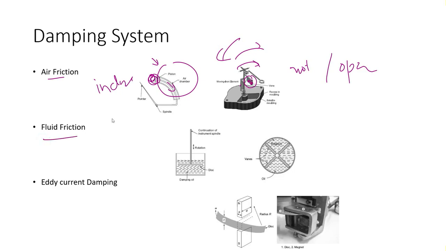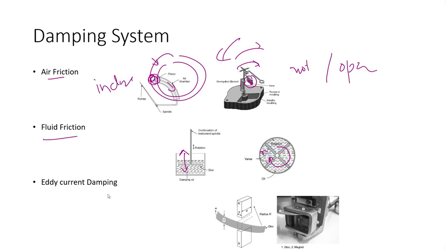Fluid is just like this one, and in this we use fluid instead of air, so oil or something can be used. Fluid can have a piston type structure or a continuous structure. In piston type structure, we have this mechanism in which it goes up and down, or back and forth, whereas in continuous vane structure the instrument will continue moving and this fluid will continue stopping it.